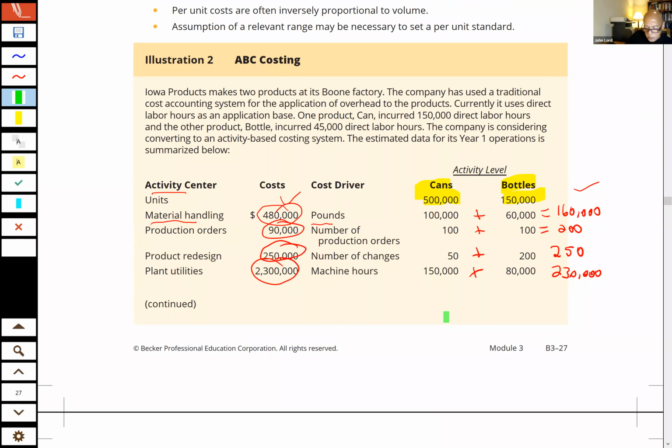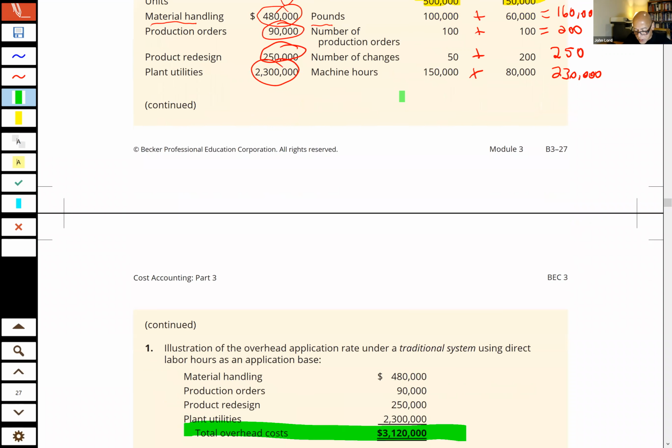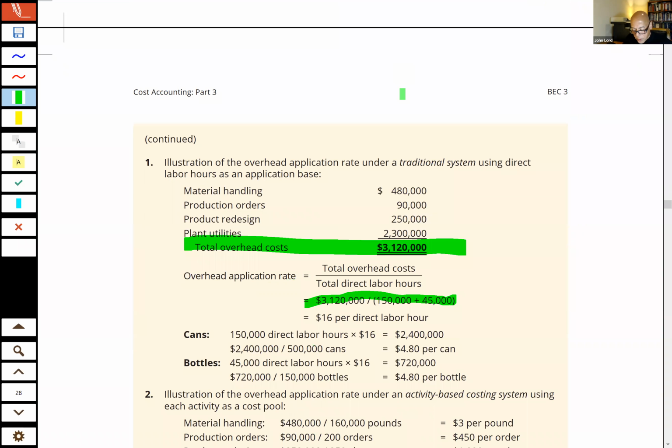Where did they give us the labor hours? We're up here, 150,000 plus 45,000. Okay, so if you used a traditional system, then you would take the total overhead cost, that was all those numbers I showed you a minute ago, divided by those total direct labor hours that we just saw in the paragraph information. That's $16 per.